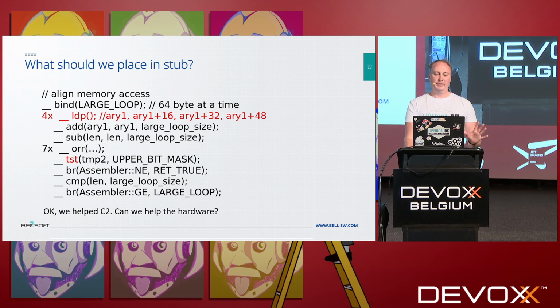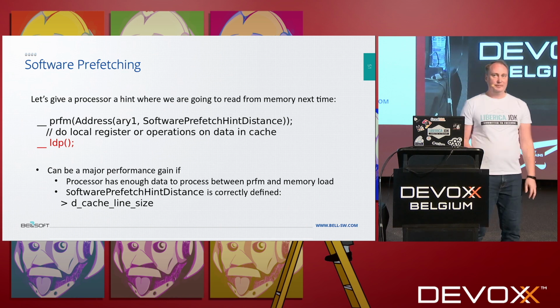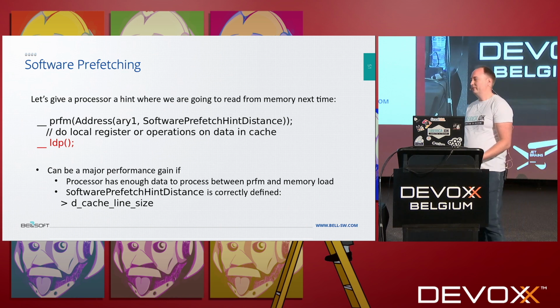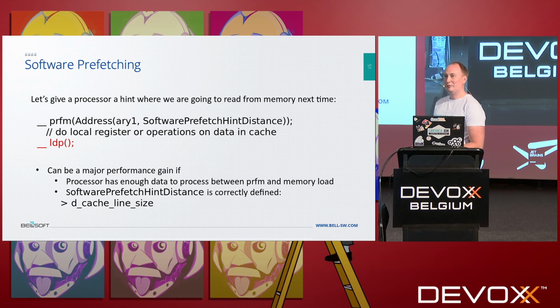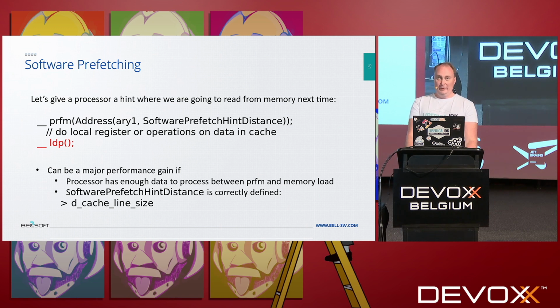Okay, but that's not enough. As I mentioned, hardware prefetchers really help us, but sometimes you just don't have a hardware prefetcher. Some ARM hardware doesn't have it. And there's a solution called software prefetching.